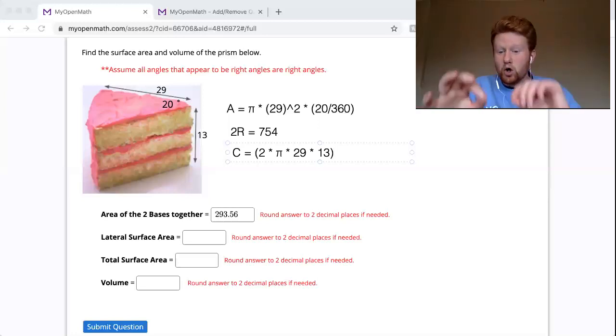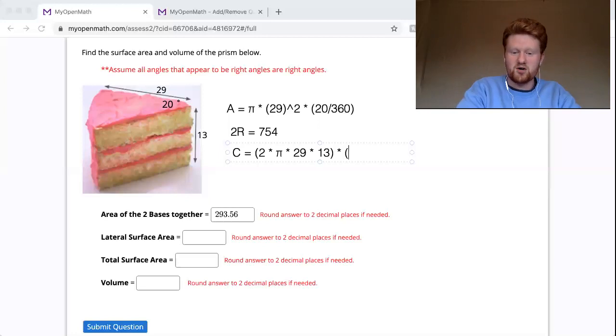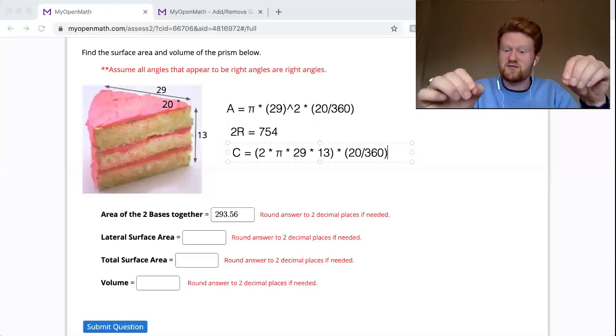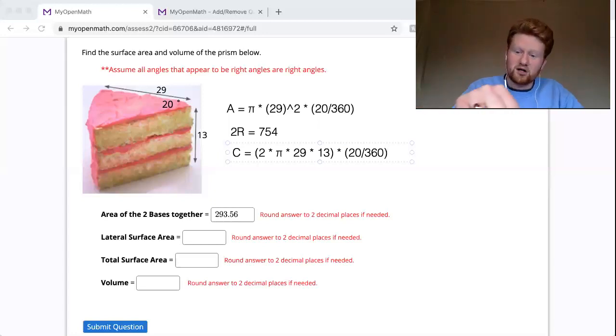But now to find only the portion we want, all we need to do is times by 20 divided by 360. Again, that gives specifically the portion of the curved surface that we have in this slice as opposed to the full thing. And that total should give me 2 times pi times 29 times 13 times 20 divided by 360. That'll give me 131.60.